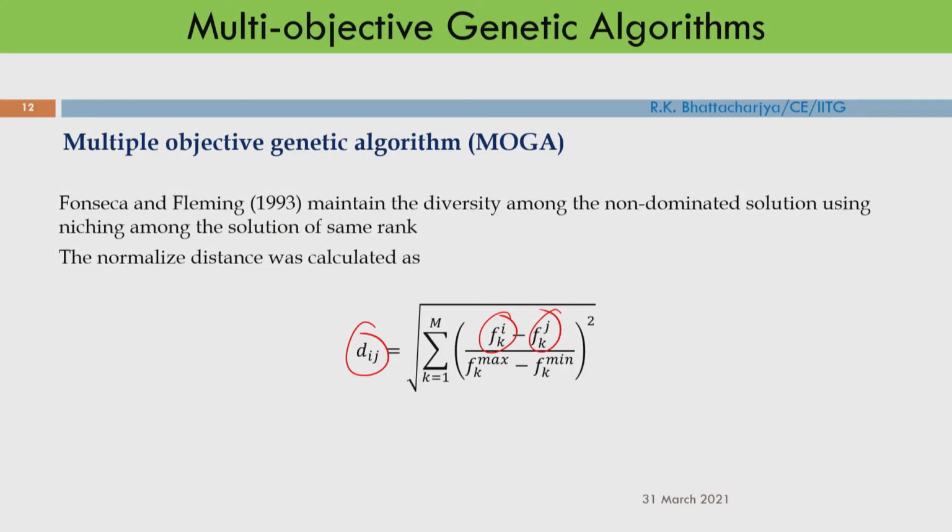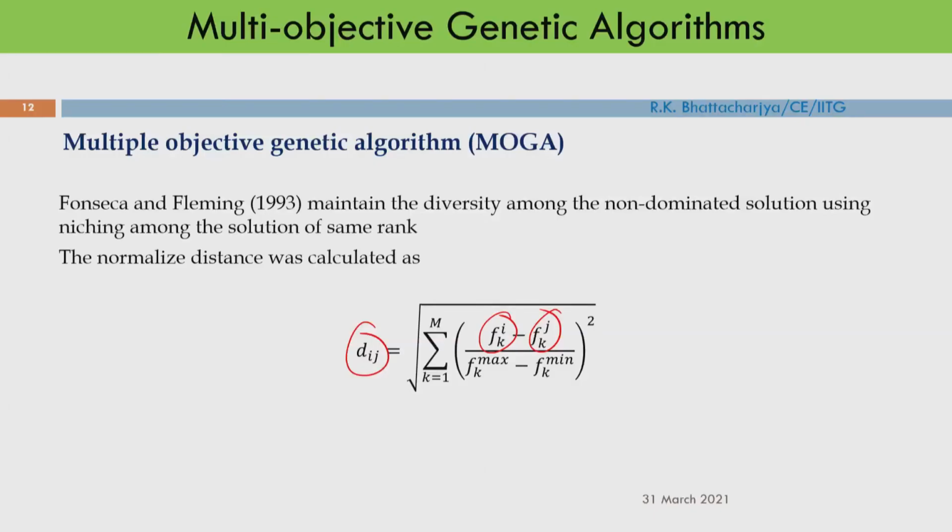As I said, we have two spaces, one is the decision variable space and one is the objective function space. This distance we are maintaining on the objective function space, not on the decision variable space. Therefore, we calculate the distance between the solutions in the objective function space, then we calculate the niche count, and based on that we do the selection operation.